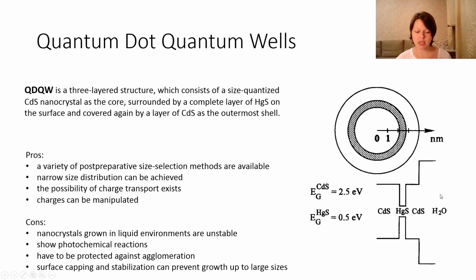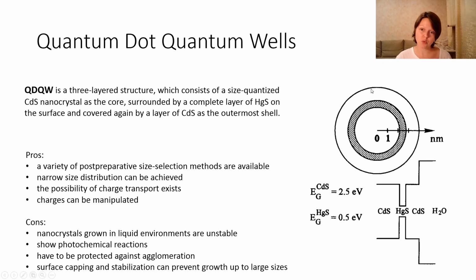Mercury sulfide here is the smallest band gap material with the band gap only 0.5 electron volts. It is embedded between the core and the outer shell of the material with the wider gap, cadmium sulfide, with a band gap of 2.5 electron volts.